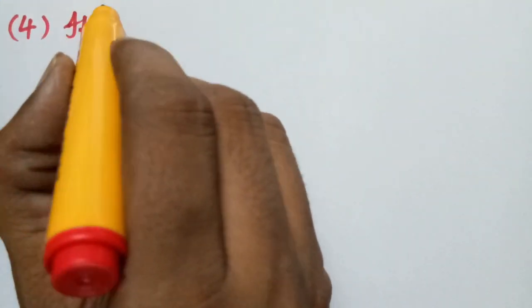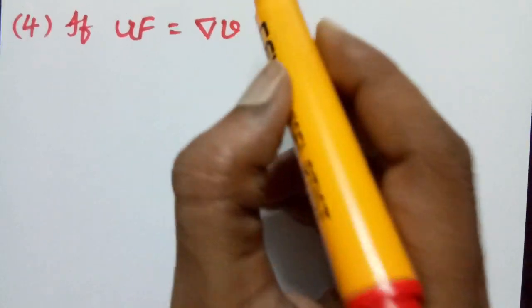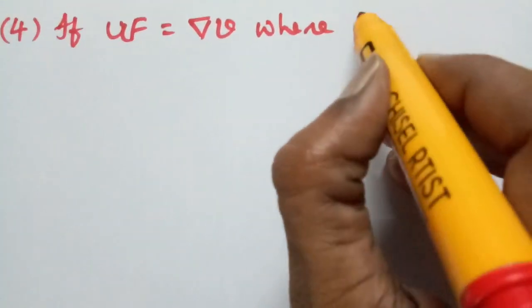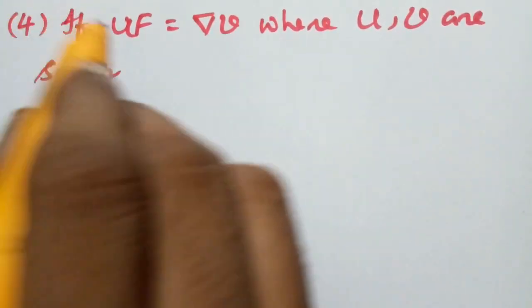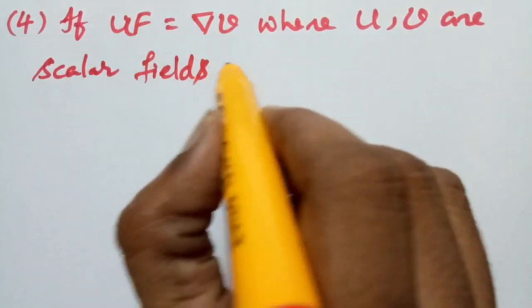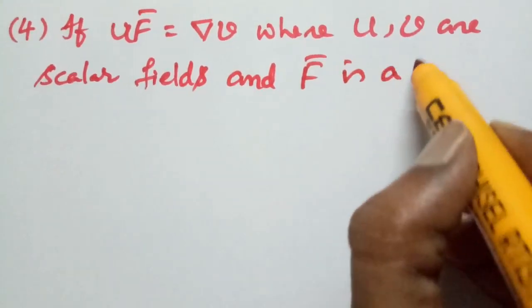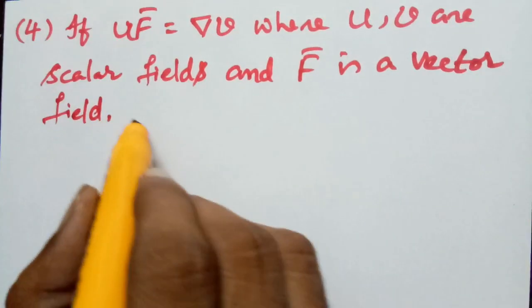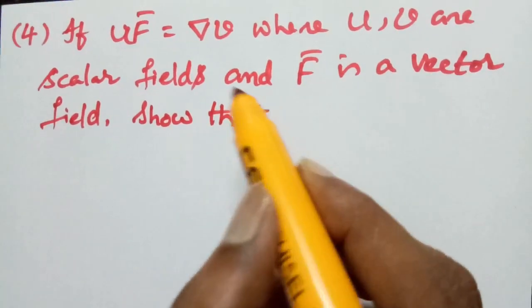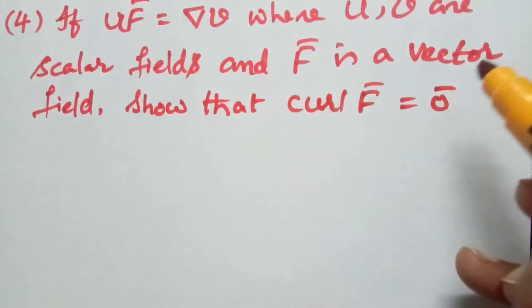Fourth one, if U into F bar is equal to del V, where U, V are scalar fields and F bar is a vector field, so that curl F bar equal to 0 bar.